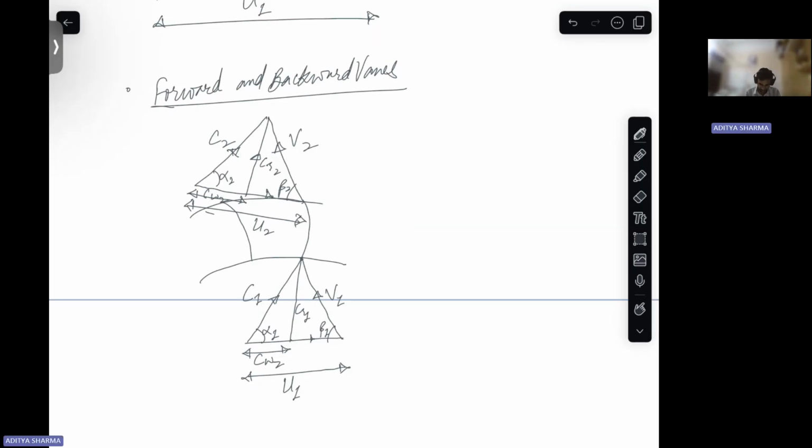So the difference, when you draw the second one, then we'll see.